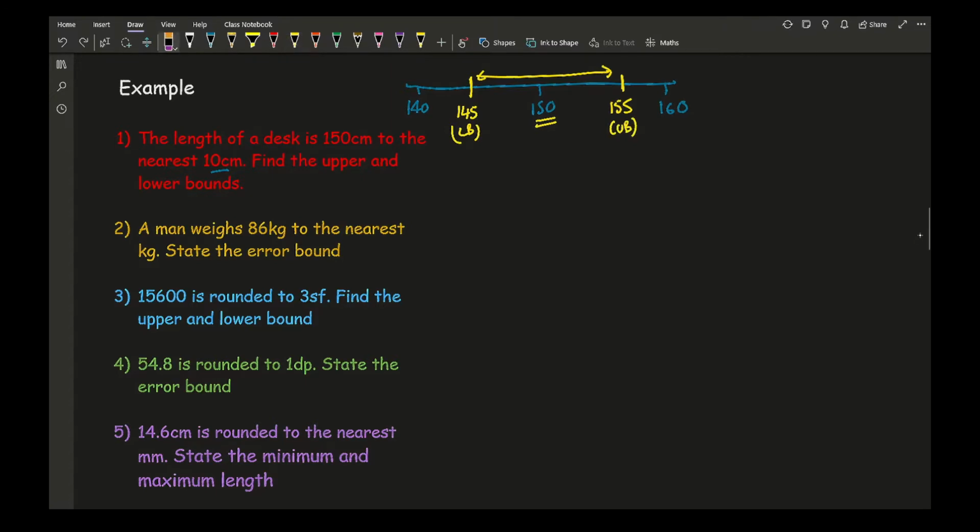Now, in terms of the steps we talked about, let me explain how that all works. We look at the rounding. So this has been rounded to 10 centimeters. If I divide that by 2, I get 5 centimeters.